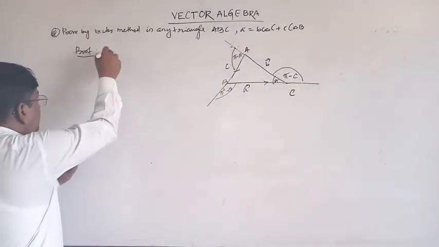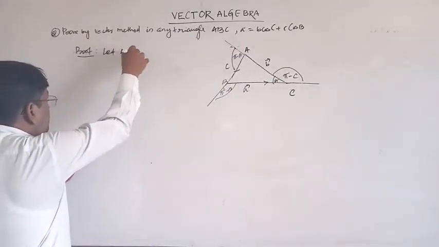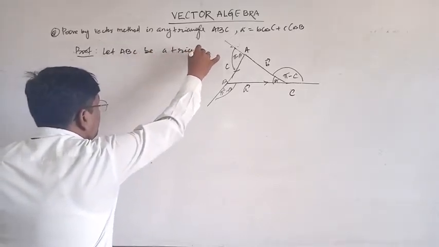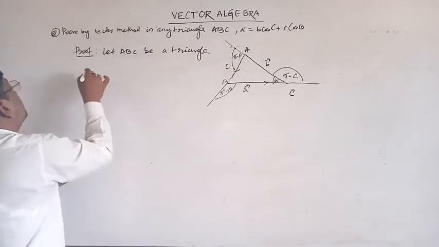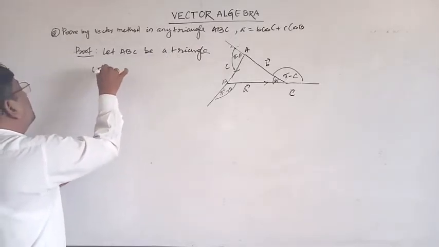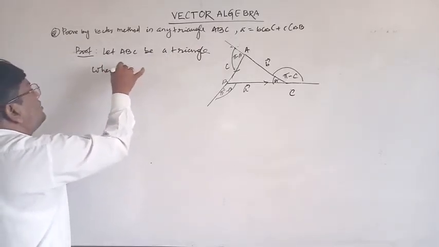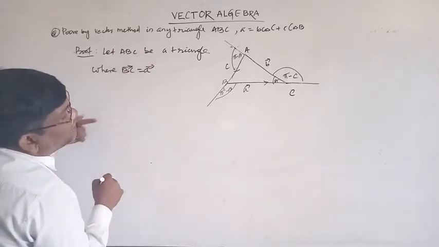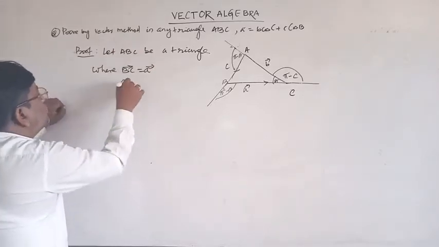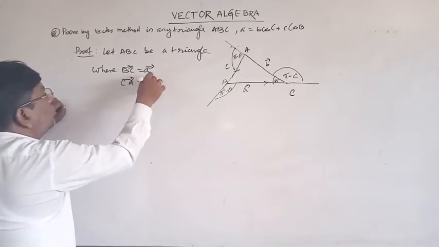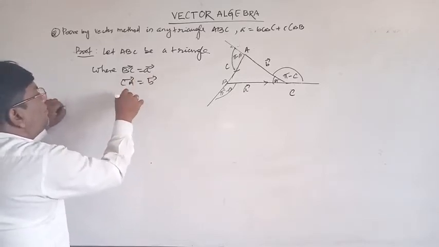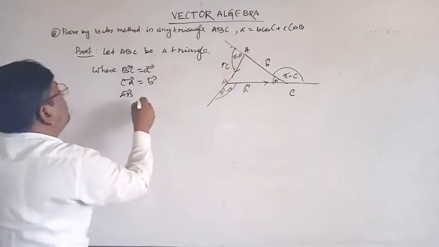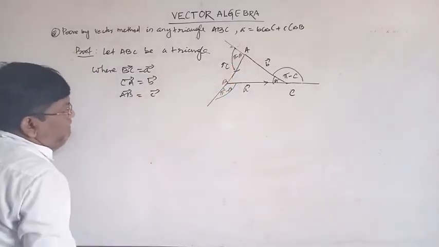So let ABC be a triangle, where BC vector is equal to A vector, CA vector is equal to B vector, AB vector is equal to C vector.